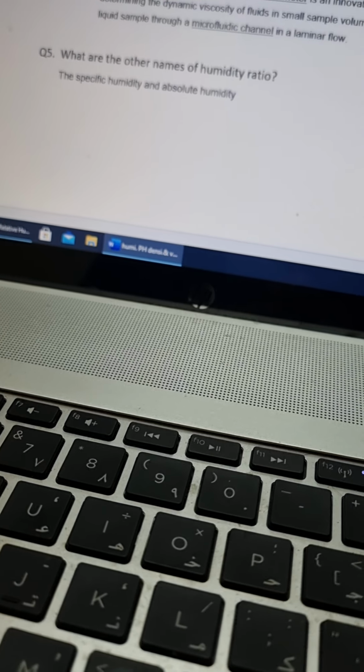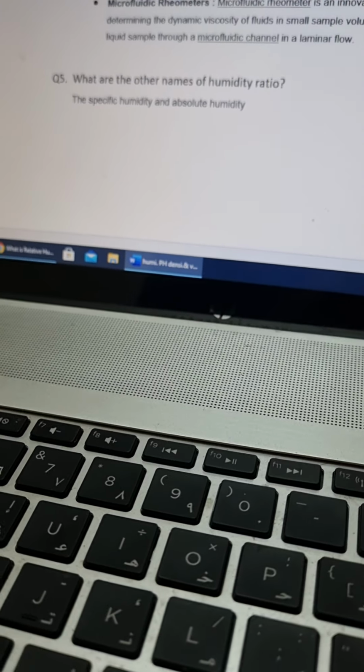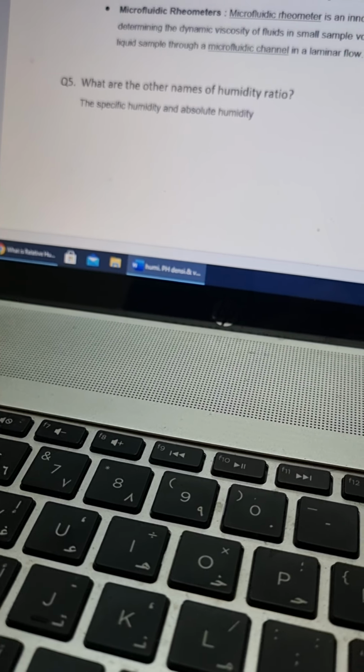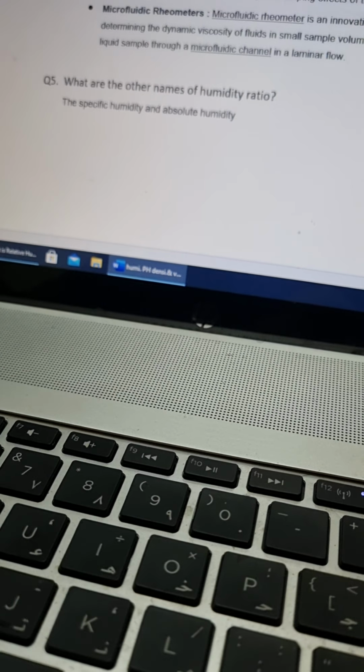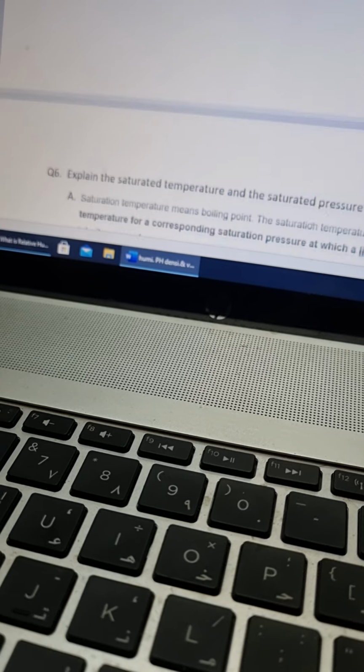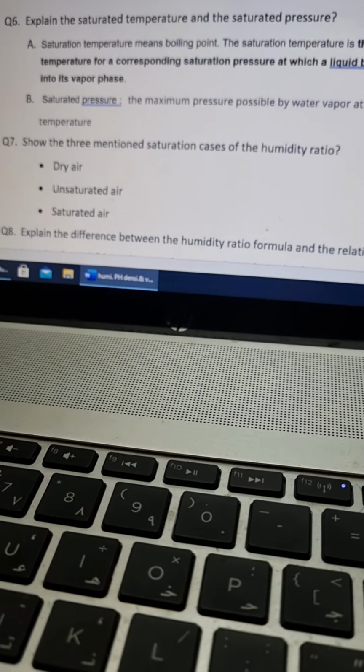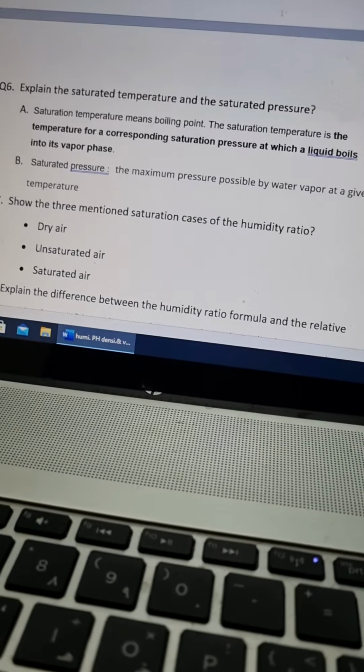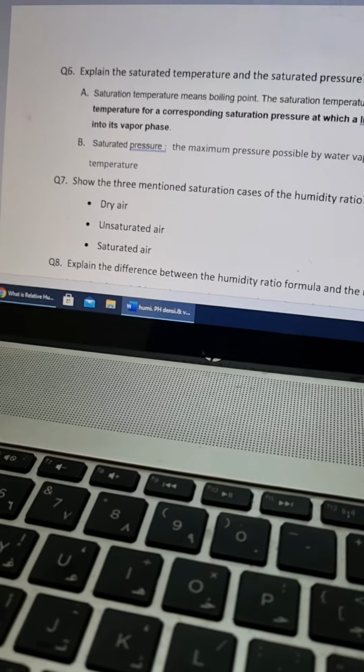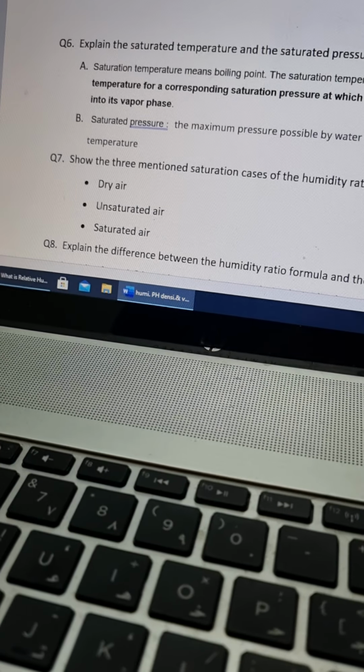Okay, what are the names of humidity ratios? We have specific humidity and absolute humidity. Explain the saturated temperature and the saturated pressure.